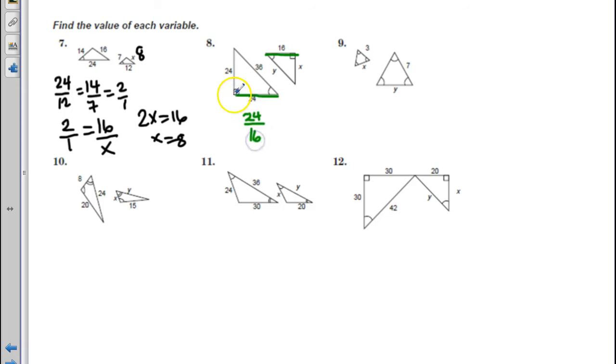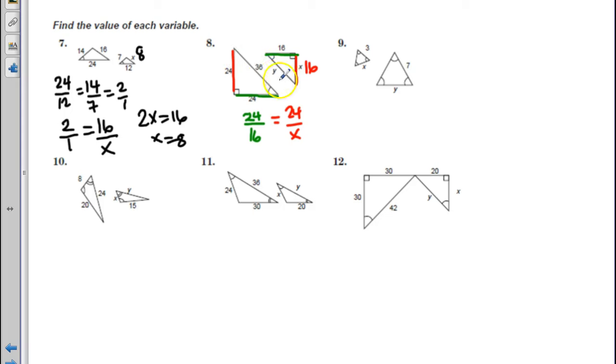Now the way I knew that side matched up is it started with a right angle and then goes to the angle that's congruent. So this has to do the same thing. I can also use the hypotenuse, but I'm going to start with the leg here. So this leg matches with that leg, which means 24 over 16 is equal to 24 over x. So we know x is 16. Kind of a no-brainer, isn't it?